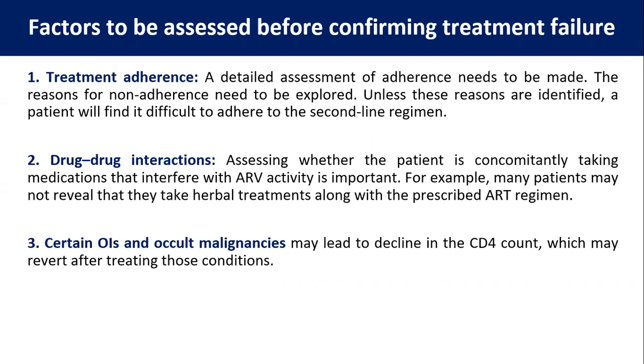First, we know that yes, the patient was not adherent to a particular ART regimen. Okay, fine. But why he failed to adhere, that we need to know. Otherwise, if the factors remain, the patient will again be non-adherent to the newer regimen. Again, the patient will fail. So there is no point changing the regimen. After confirming poor adherence, we need to know the reasons for poor adherence, and then we try to resolve those problems.